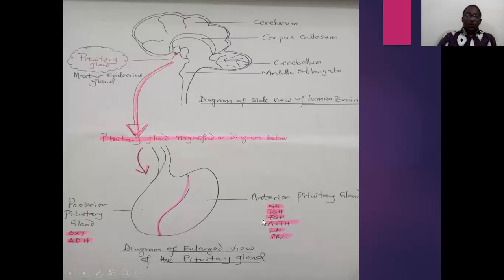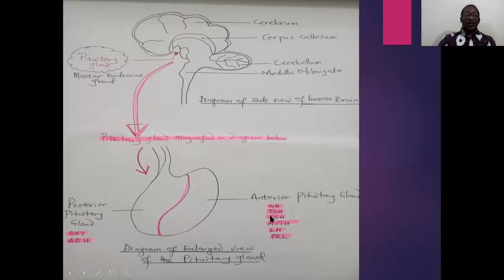As I always tell you, I'm being natural as much as possible. These are my drawings to make it simplified. And then here we have the posterior pituitary, which secretes the hormones oxytocin, which I abbreviated as OXY, and antidiuretic hormone, ADH. So you can now identify the different hormones that can be produced by the pituitary gland.